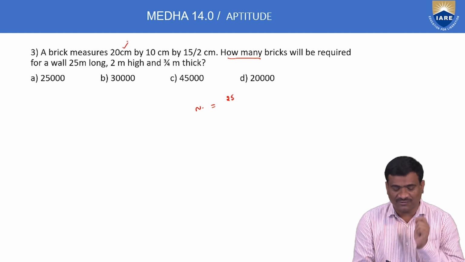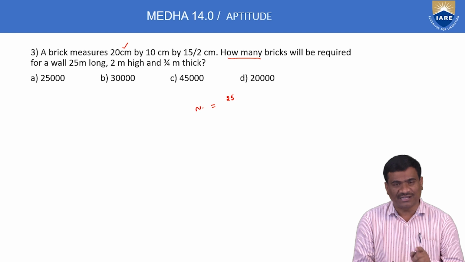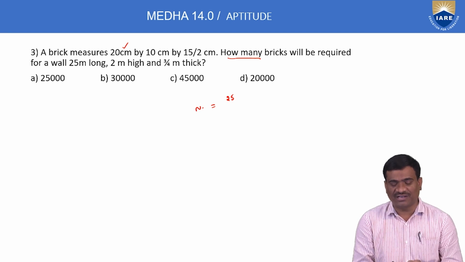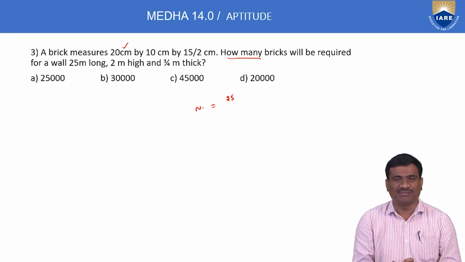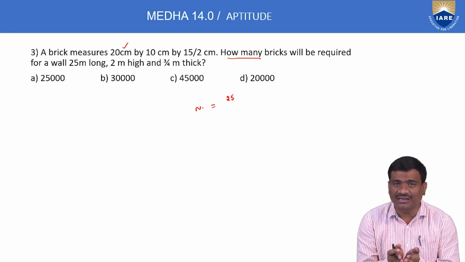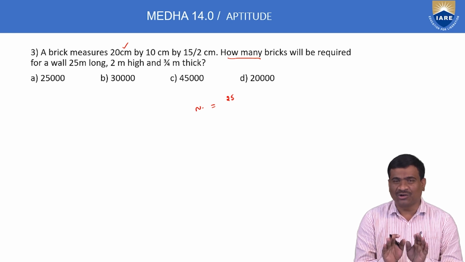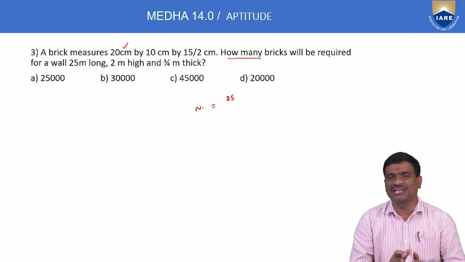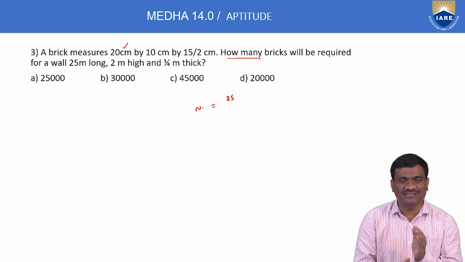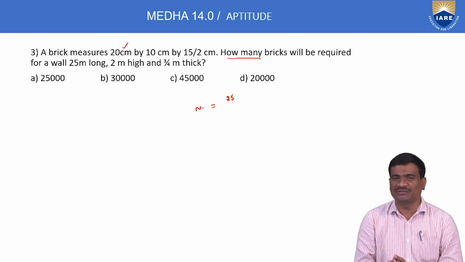But the first statement, 1 brick length is 20 centimeters, breadth 10 centimeters, height or thickness 15 by 2 centimeters. The denominator is in terms of centimeters and the numerator in terms of meters, so convert into the same units. 1 meter is equal to 100 centimeters.